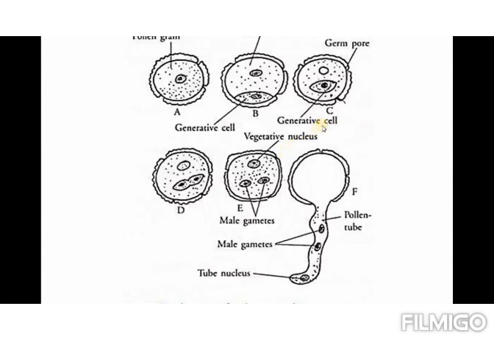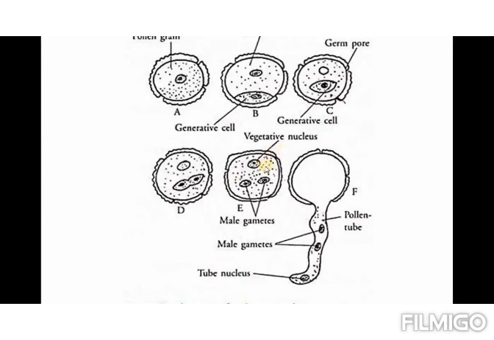It will go over there and pollination will take place. What is pollination? The movement of the pollen grain from one flower to another flower is called pollination. And in most of the angiosperms, this pollination takes place at this two cell stage, vegetative cell and the generative cell.